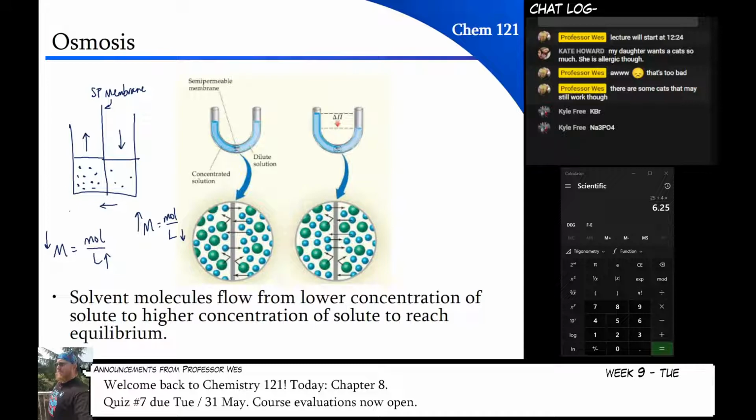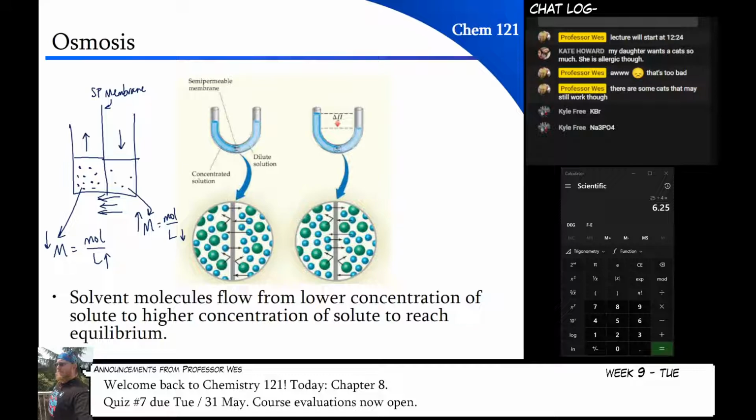Well, if the high side is decreasing and the low side is increasing, eventually those will have the same concentration. In other words, they will be evenly mixed. And so this is what osmosis is. Water will move in this direction so that the concentrations eventually end up being the same.